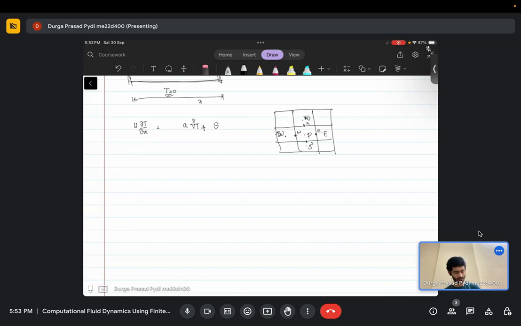The first step is to get your coefficients, that is your D east, D west, D north and D south.